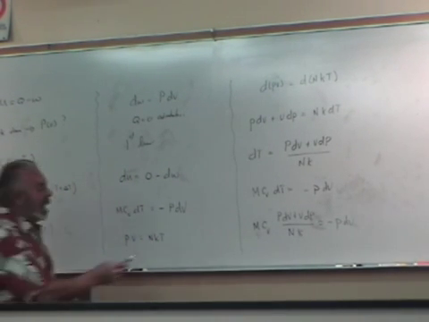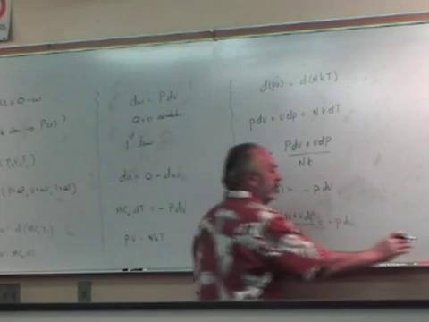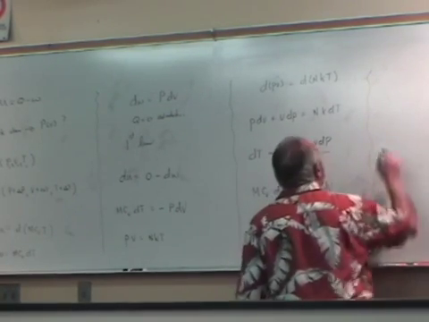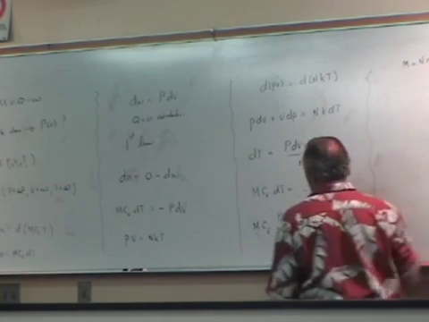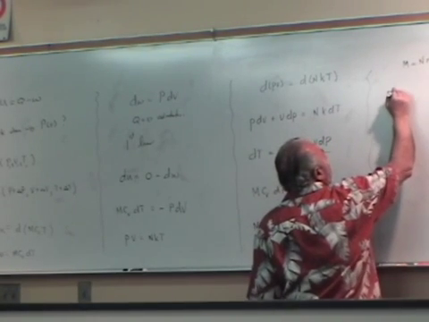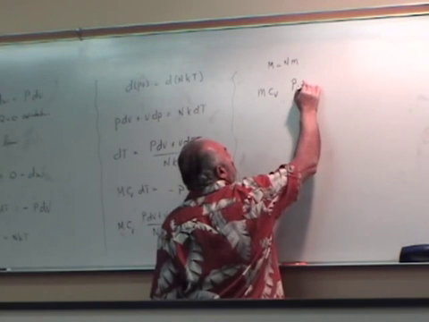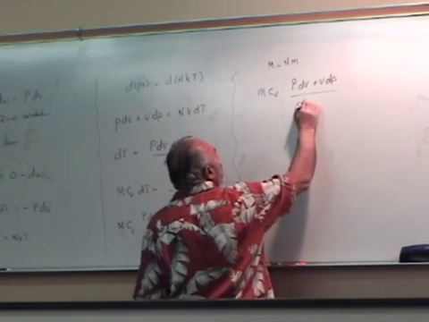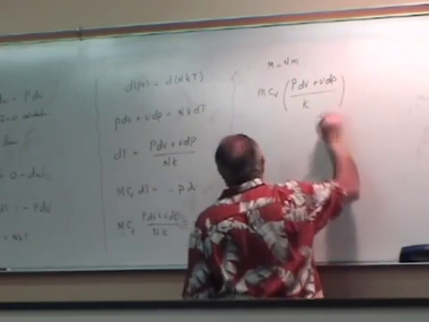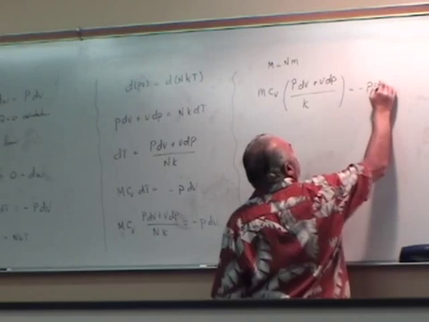Substituting m equals Nm, our first substitution, m equals Nm. When we do that, of course, we get m c sub V times P dV plus V dP divided by k equals minus P dV.